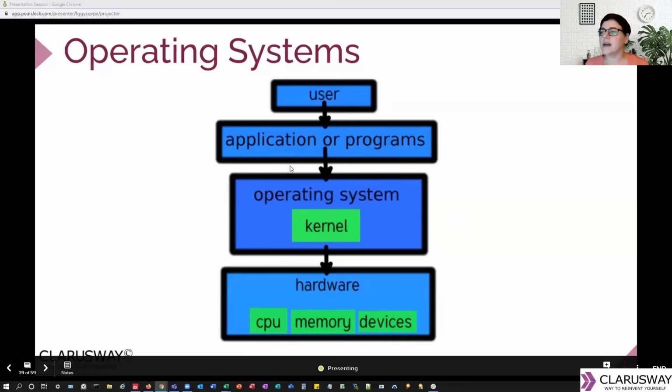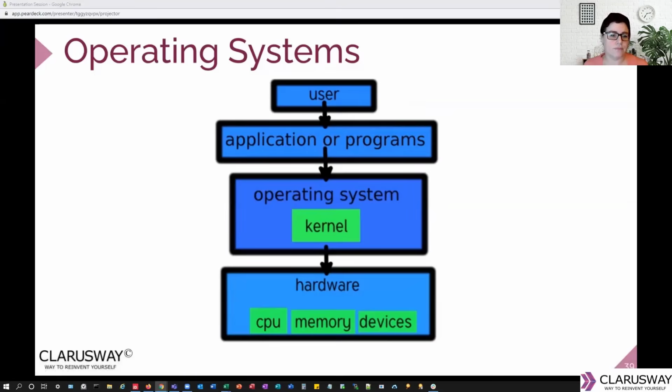And then on top of that operating system, we install applications or programs. And that is where the user interacts with the computer. The user is interacting with applications and programs, which are running on the operating system, which is running on the hardware. And you can see that the intermediary between applications and programs and the hardware layer here is that operating system. So it's interpreting instructions between these two tiers.